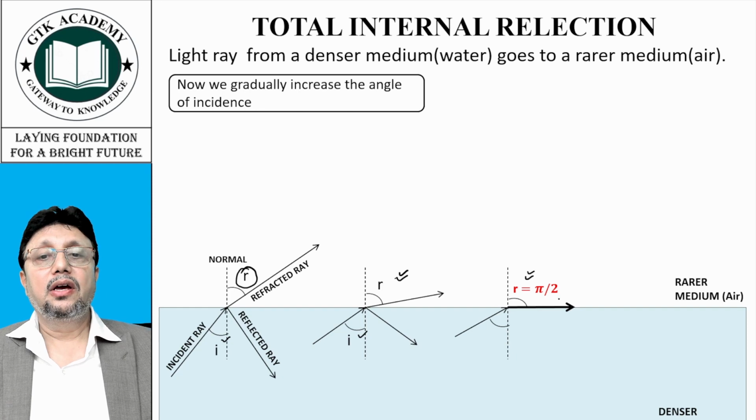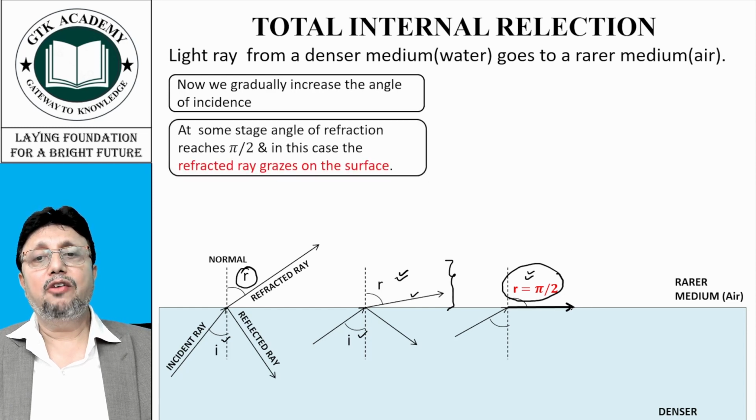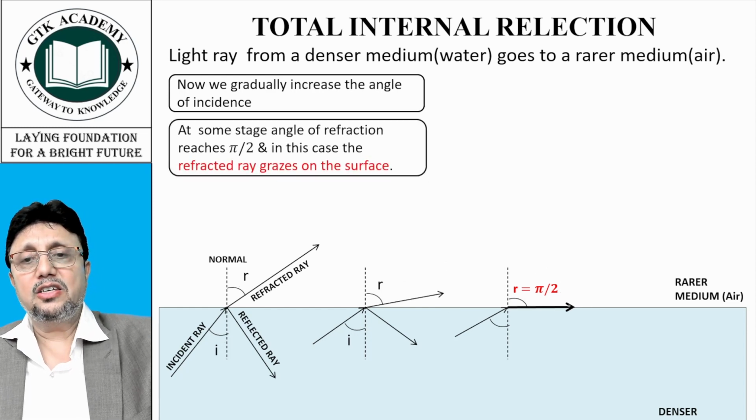So what happens? You can see that till this, the refracted ray was outside this medium, that is water. But when the angle of refraction becomes pi by 2, that is 90 degrees, it is just grazing on the surface, right? The refracted ray grazes on the surface.